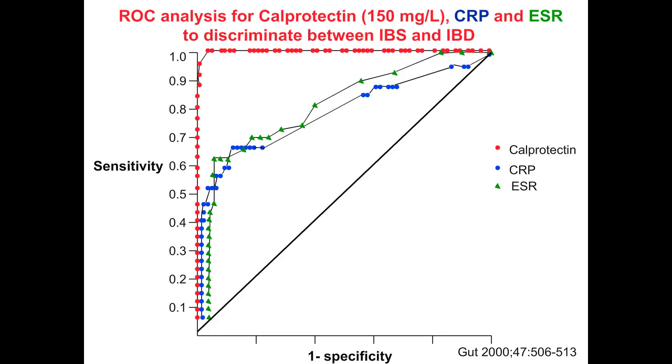And you know a ROC curve, if you have a straight line, it doesn't differentiate between 2 entities. And the perfect ROC curve would look like this one. And you can see Calprotectin is way better to differentiate these 2 entities than the blood tests CRP or SED-rate.